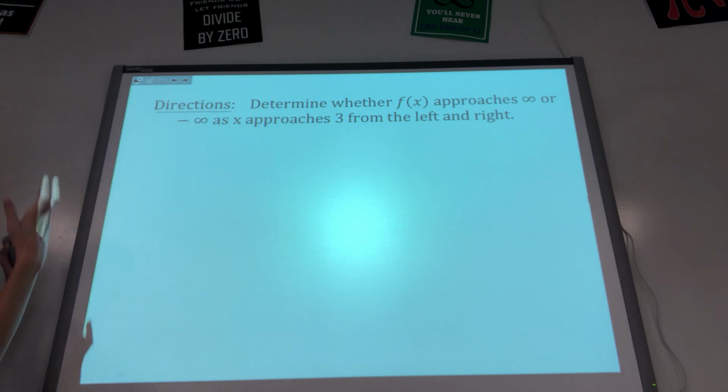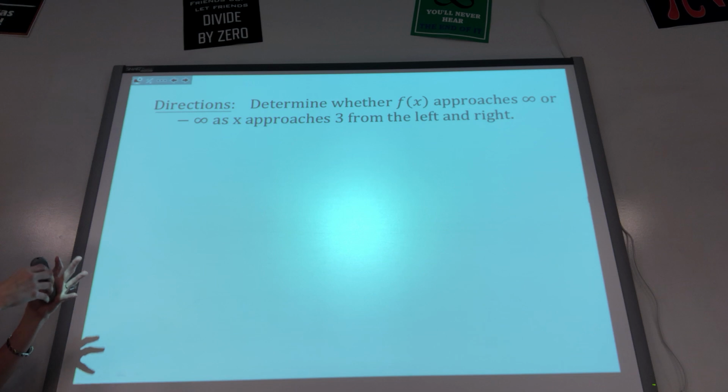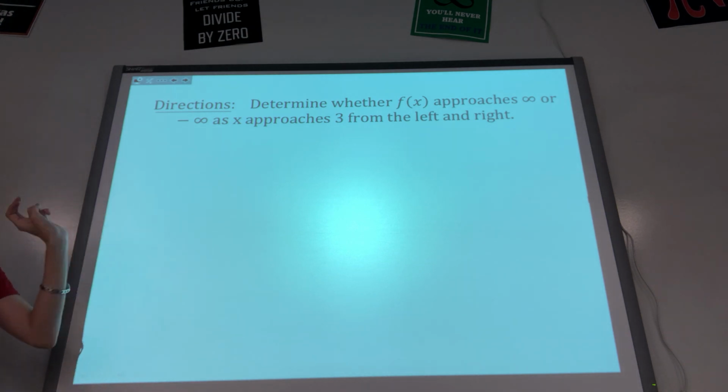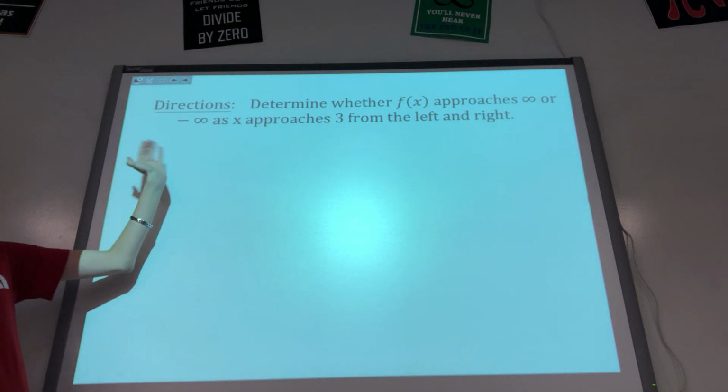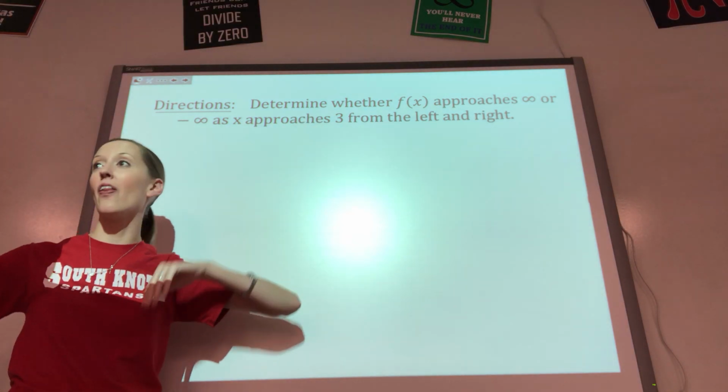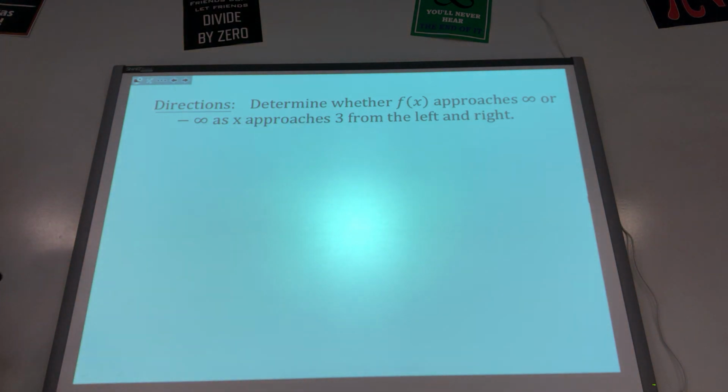Actually on each example, they're only giving you what f of x is, but you need 2 answers for each problem. You need to tell what the limit is as you come in toward 3 from the left, and also what the limit is as you come in towards 3 from the right.